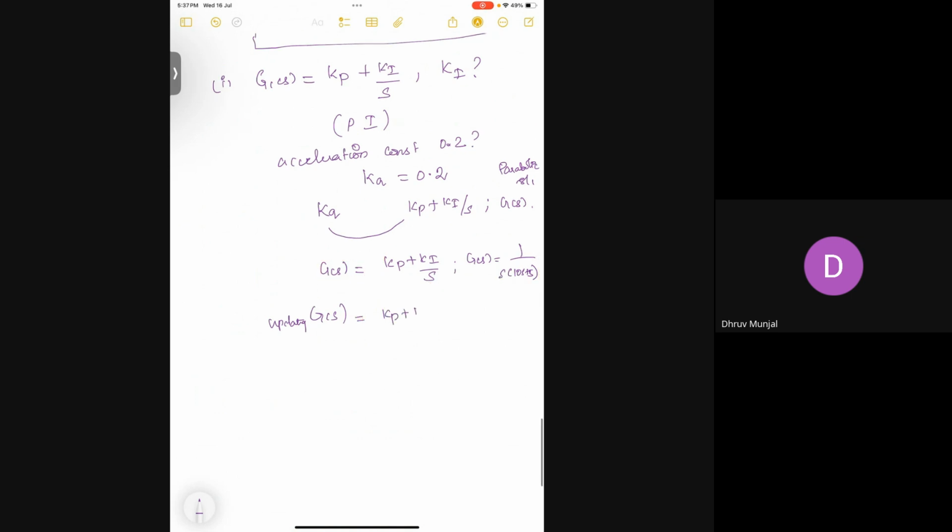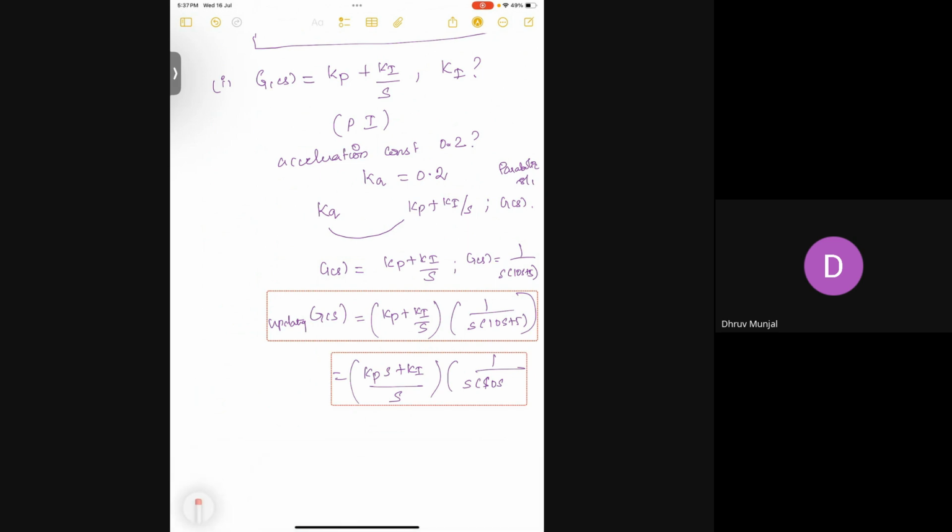So Kp plus Ki by S into 1 by S into 10S plus 5, right? Good. So this will become (Kp S plus Ki) by S into 1 by S into 10S, otherwise I will write it as 10S square plus 5S.